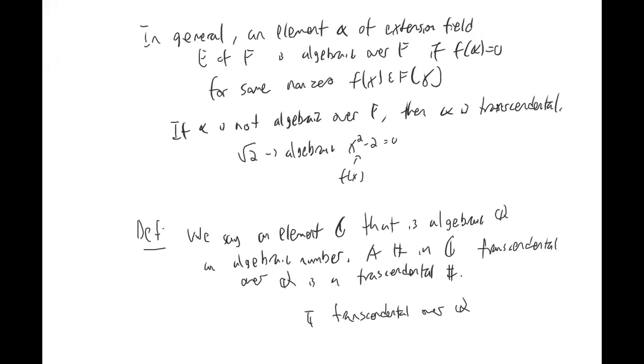You would have to prove directly there is no polynomial in Q of x that has pi as a root, because the naive way doesn't work. This thing has pi as a root, but it's not in Q of x, because pi is not in Q.